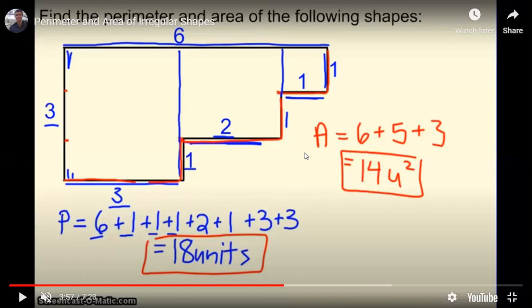Because all sides are equal. Very good. So we can calculate the area for each square. Agree with me? And at the end, what do we have to do? Add them. Yes, we are going to add all of them together.